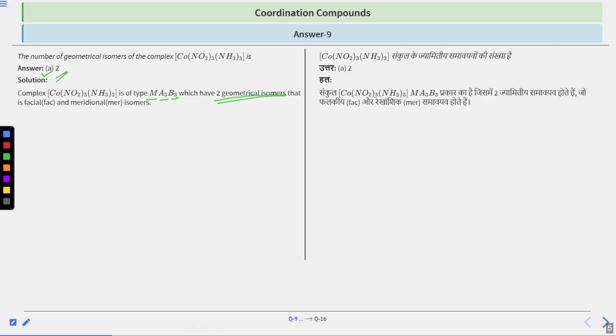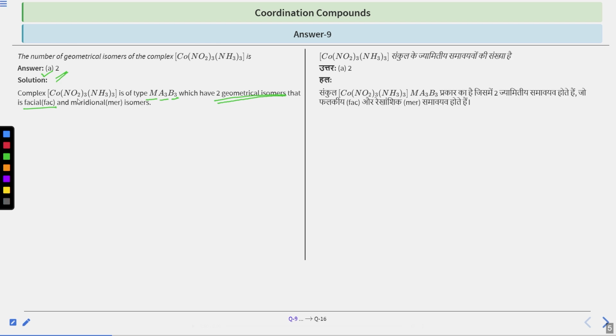If you draw them, they are facial, also known as FAC, and meridional, which is MER isomers. We can have different types of complexes, which we can commonly write as MA3B3, MA2B2, MA4, or MAA2B2, something like that.